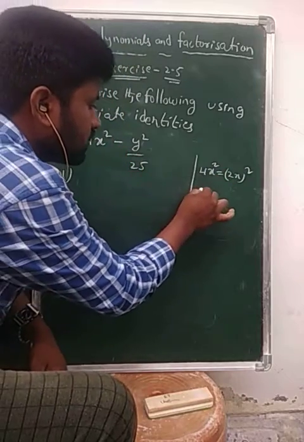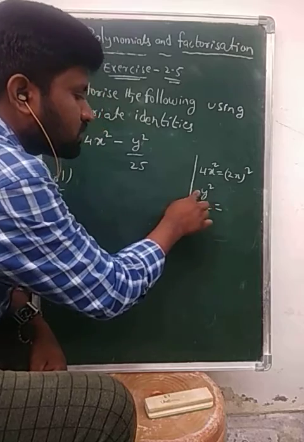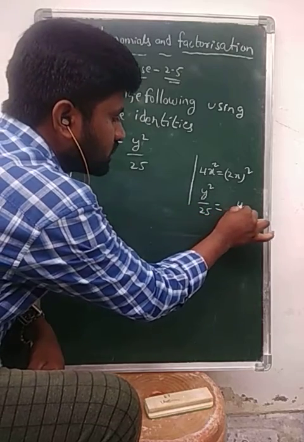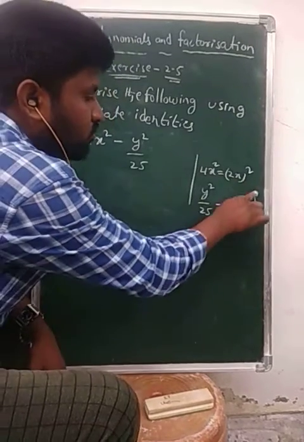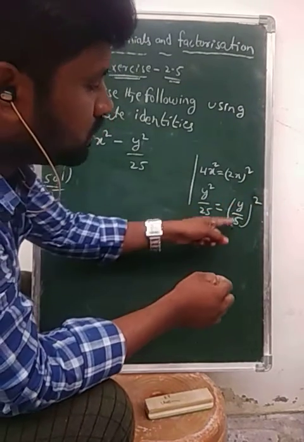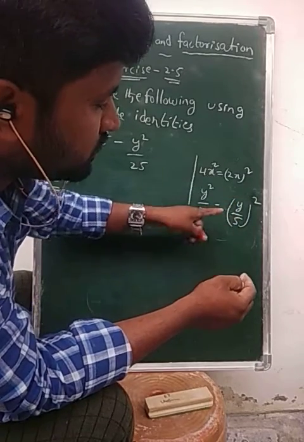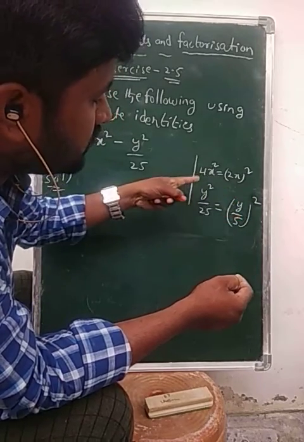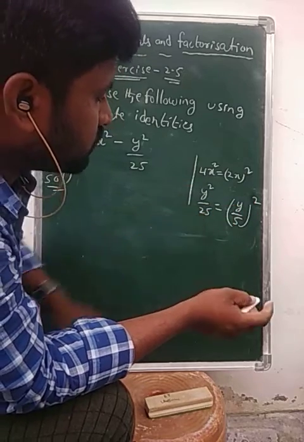In the same manner, y square by 25 we can write as y by 5 whole square. Y square means y square, and 5 square means 5 5s are 25.